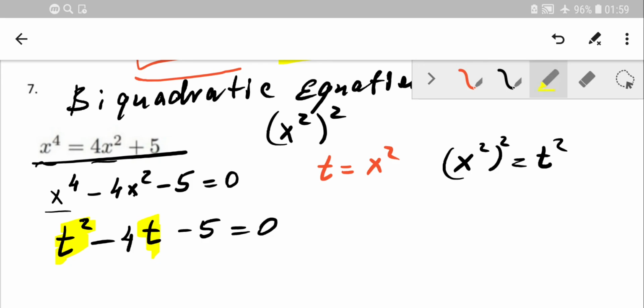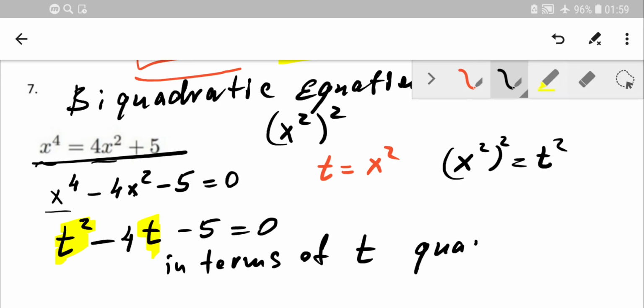So this equation now becomes quadratic. So in terms of the t variable, the equation is quadratic. So we have a quadratic equation, and you already know how to solve that.